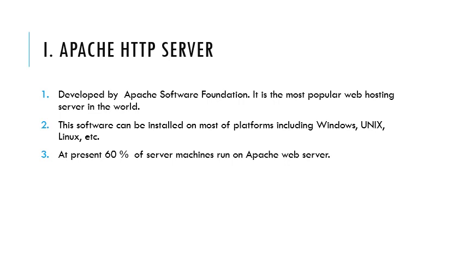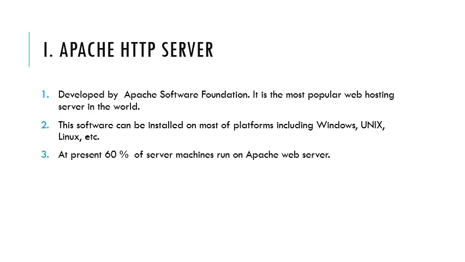The examples of web servers are as follows. A very popular web server is the Apache HTTP server. HTTP stands for Hypertext Transfer Protocol. It was developed by the Apache Software Foundation and is the most popular web hosting server in the world. This software can be installed on multiple platforms including Windows, Unix, Linux, etc. Platform here means the operating system, like Microsoft Windows, the most popularly used.